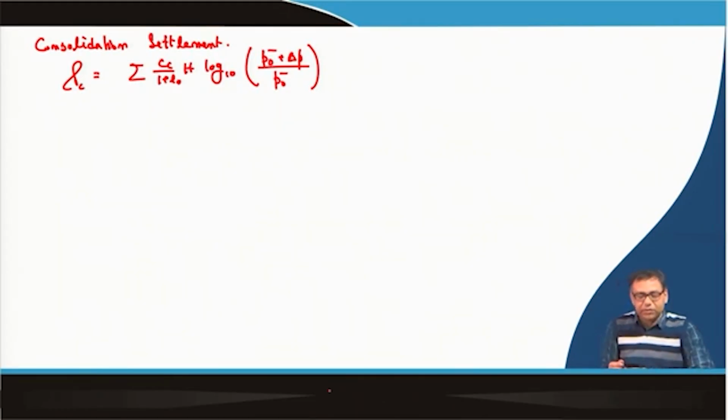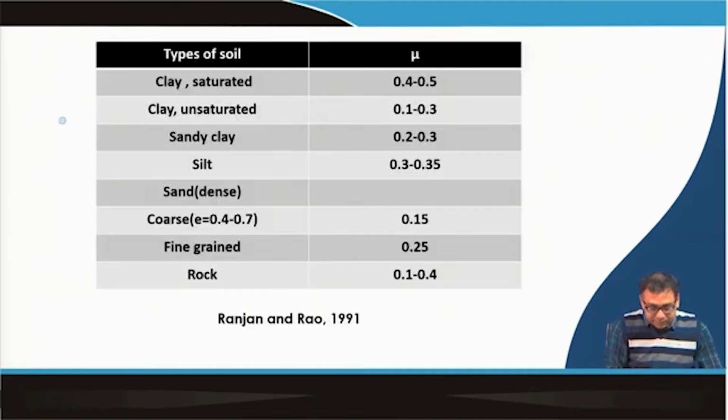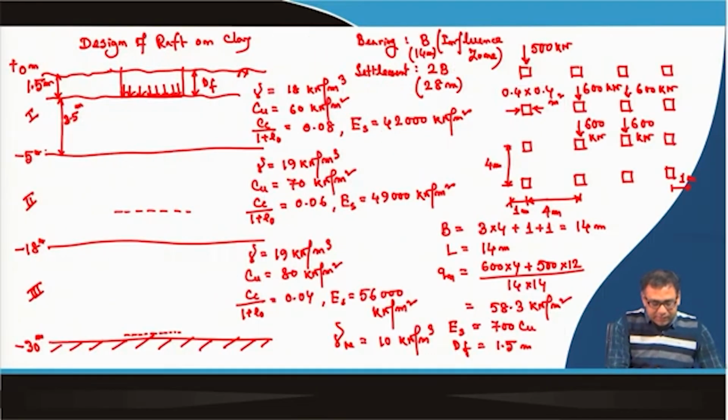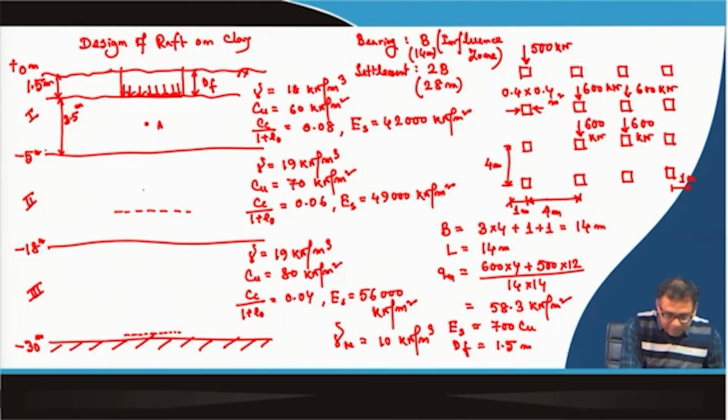So, I have to use the total range is C c, and for that purpose we have to divide this settlement range into 3 zones we have taken. So, we have to take the point at the middle of each layer. This is A point, this is B point and this is C point. This is the middle of each layer.